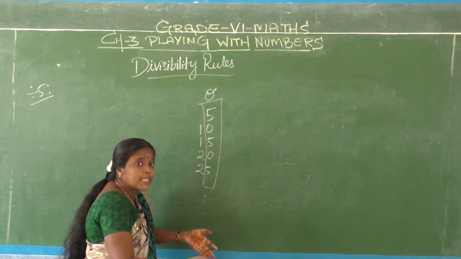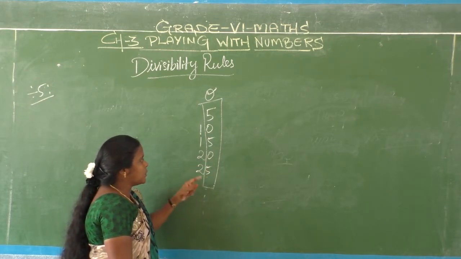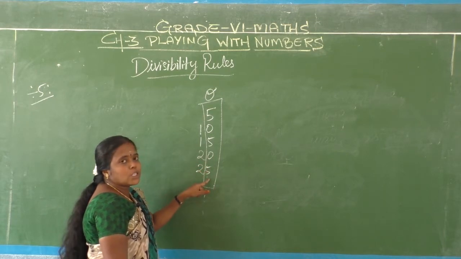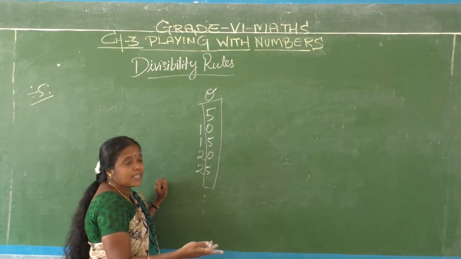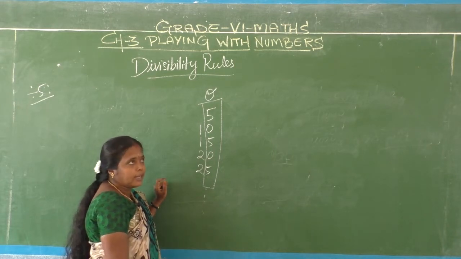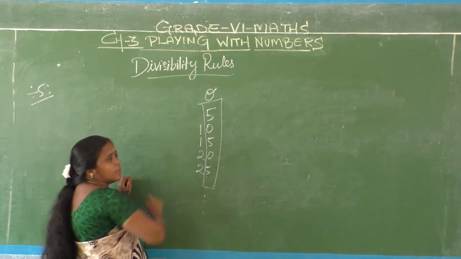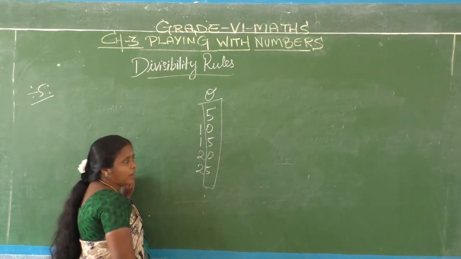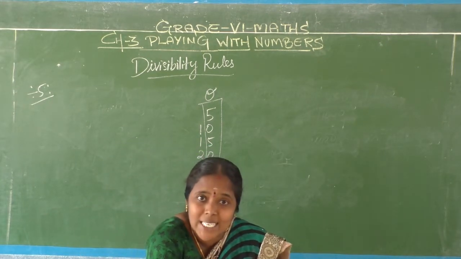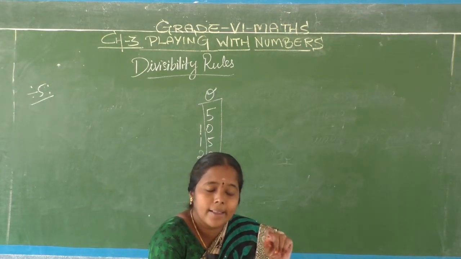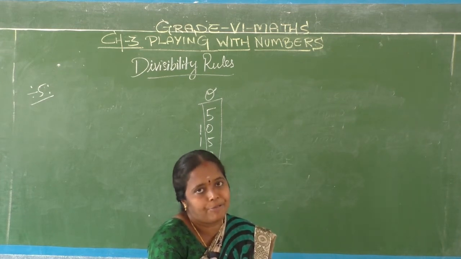If you take the 1000th step also, you will get in its ones place any one digit among these two only. You can't get some other numbers there. Clear? So on that basis, the rule is given here. If a number has in its ones place either 0 or 5, then it is divisible by 5.